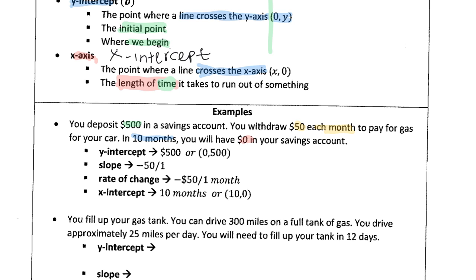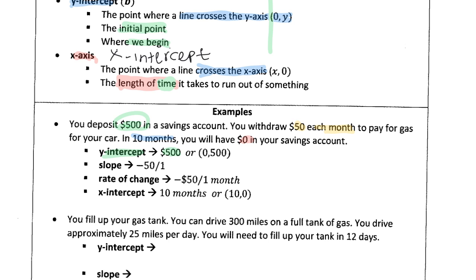So our y-intercept is 500 because that's our starting point. That's where we started in the problem. That's the amount of money we had in the beginning.